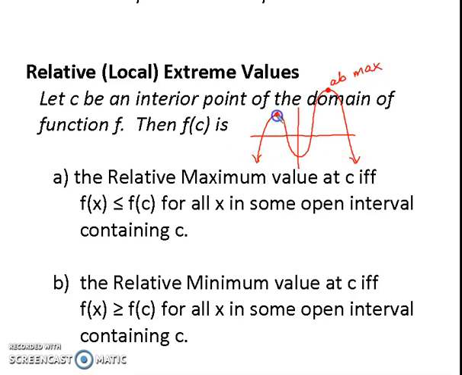However, this point right here is also a maximum. We would just call it a local or relative max. And then this point down here is a minimum value, but because the graph continues down to negative infinity on both ends, this would be a local minimum.